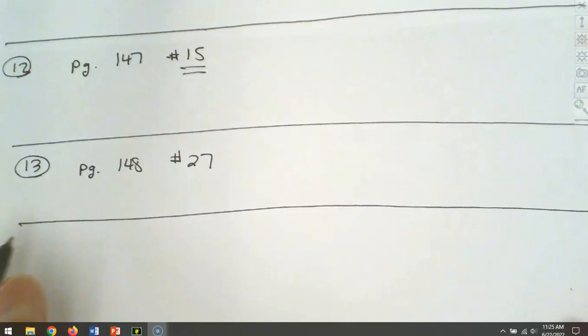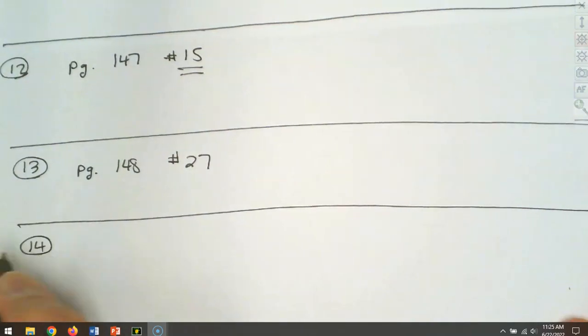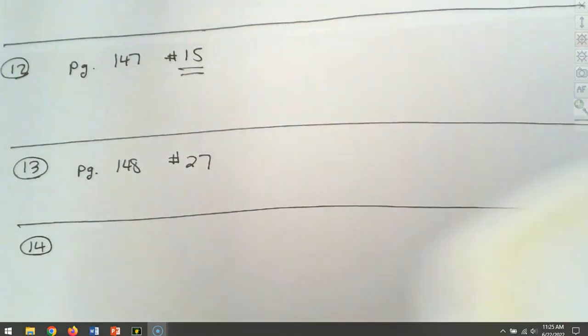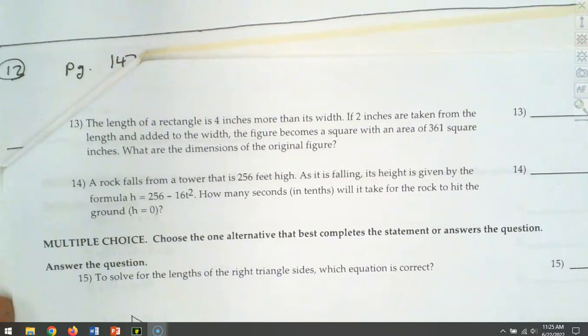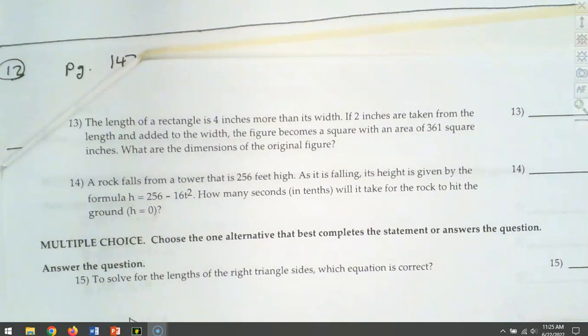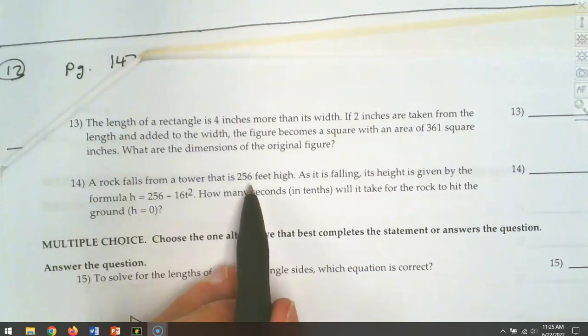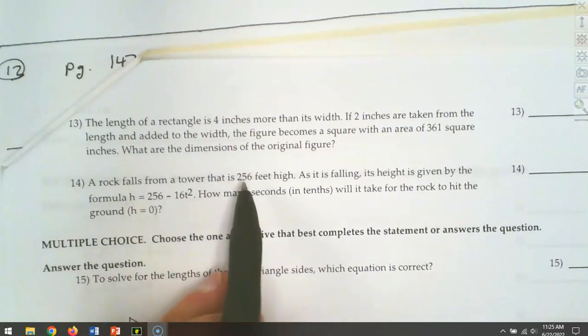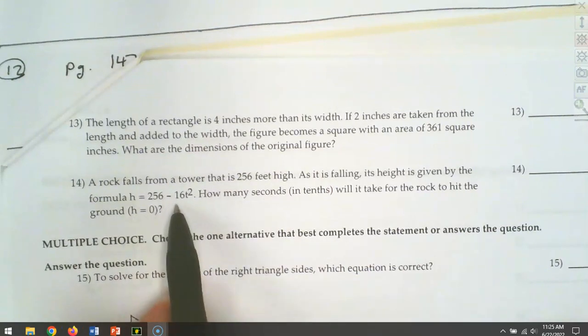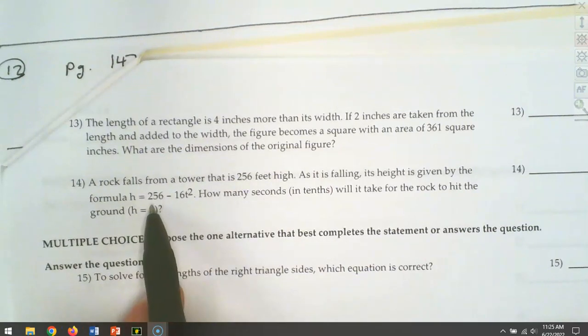Question 14. They even kind of tell you what to do. They give you this formula. Okay, so there's your initial height, this 256. Gravity's going to pull that down. You're going to drop this off the edge of a cliff.